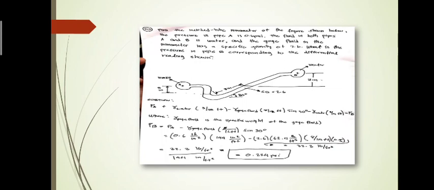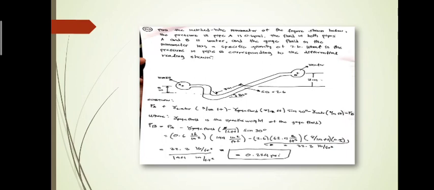Solution: PA plus gamma water times 3 over 12 feet minus gamma gauge fluid times 8 over 12 feet times sine 30 degrees minus gamma water times 3 over 12 feet equals PB, where gamma gauge fluid is the specific weight of the gauge fluid.